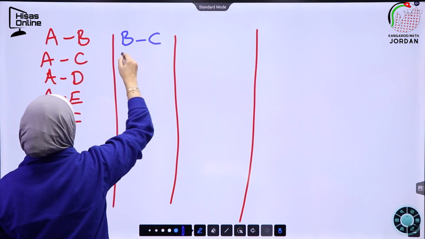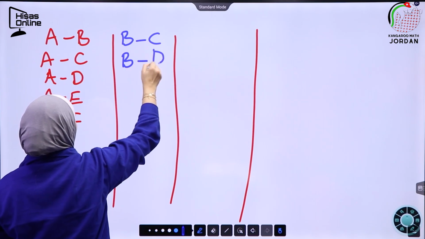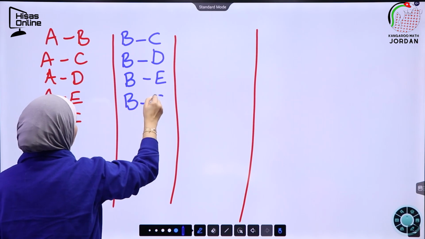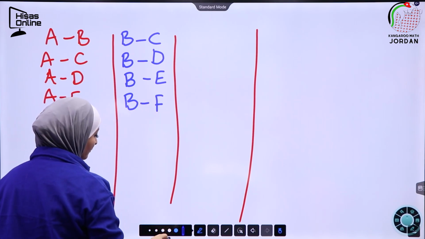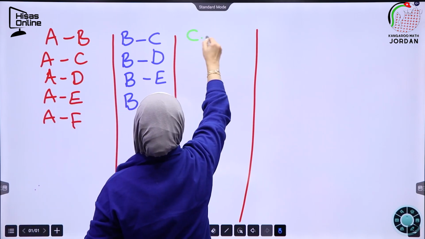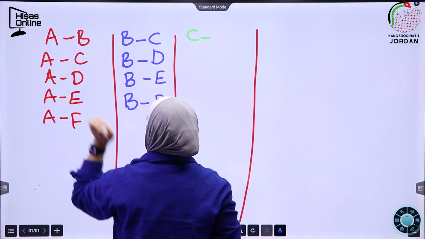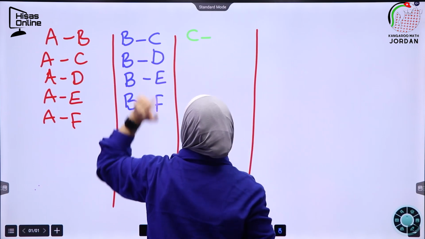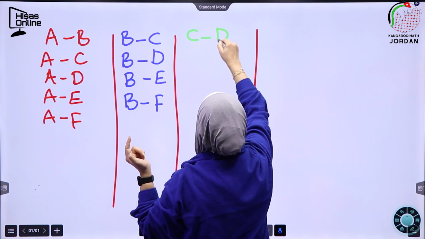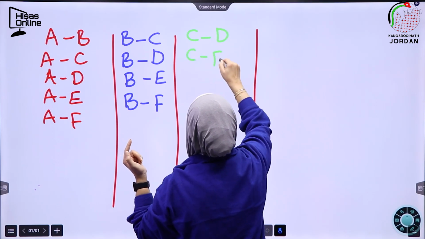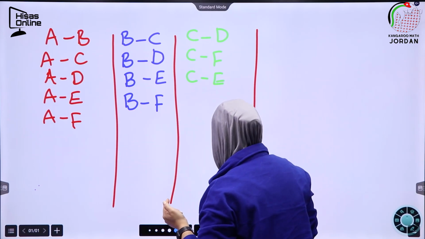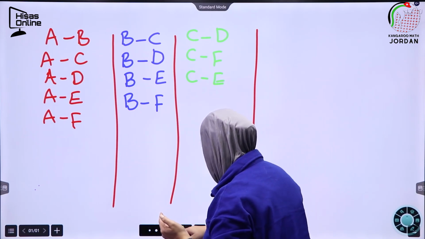So B with C, B with D, B with E, and B with F. Okay. Now C played with A and played with B, so no need to repeat. So C played with D and C with E and F, right. Good. And now also we have E.